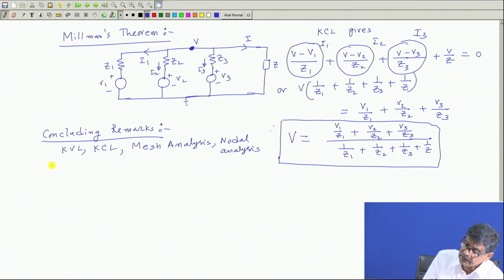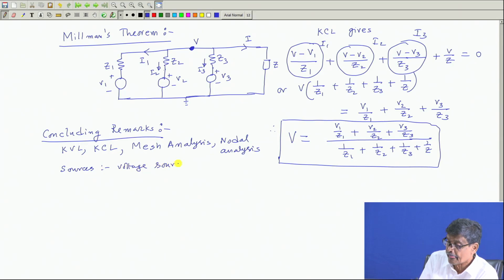But before that, to solve network problems in time domain, we require to solve differential equations. And before that I introduced sources, that is voltage source and current source.